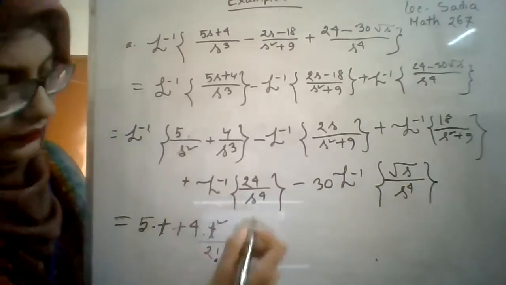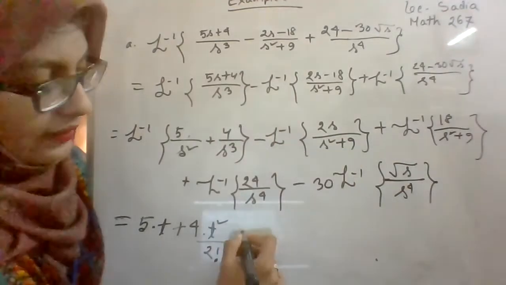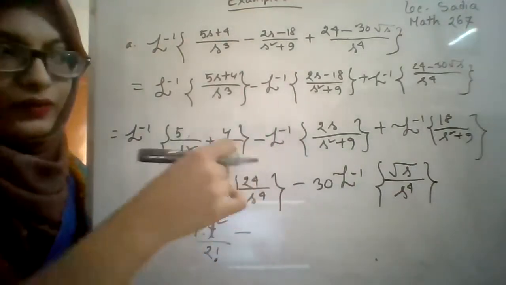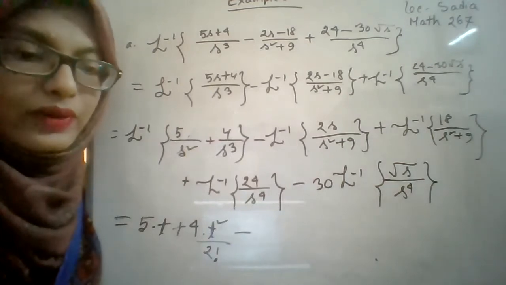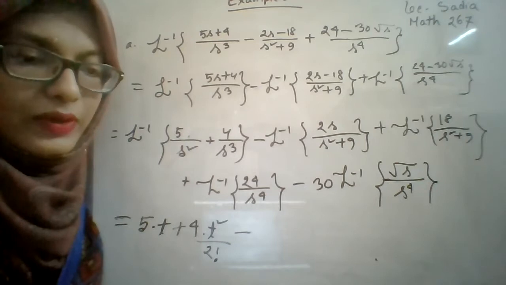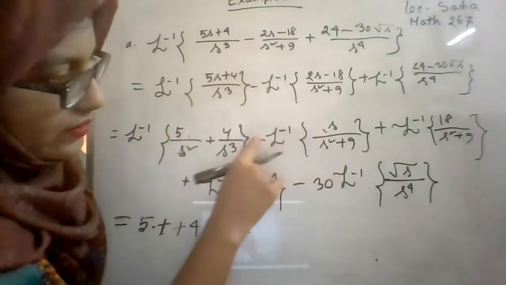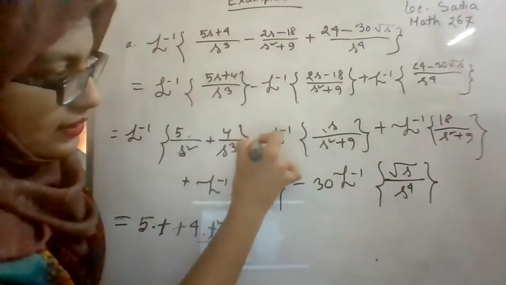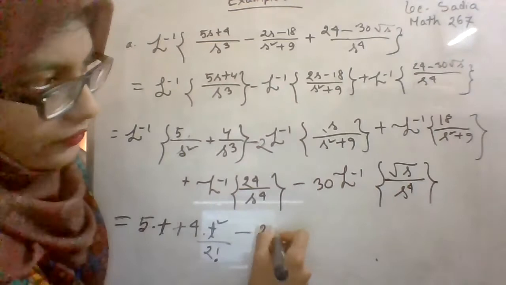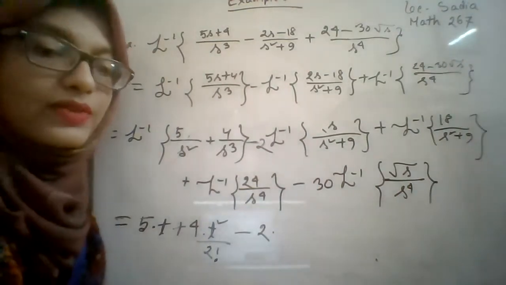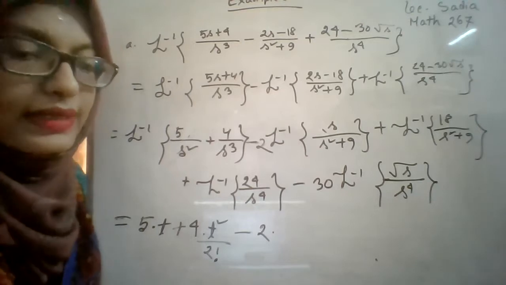Now, for this part, minus inverse Laplace transformation of 2s by s square plus 9. So how can we find the inverse Laplace transformation of this 2s? Here you can write down 2 in this place. cos 3t, ma'am. Yes, you have to use the formula s by s square plus 3 square, and it is the direct formula for cos at, right?